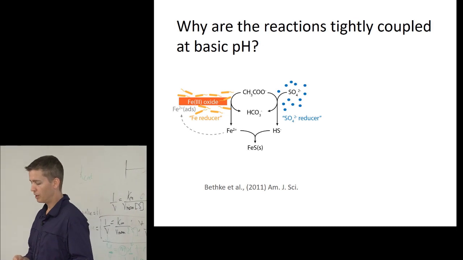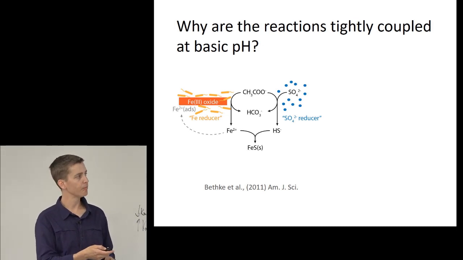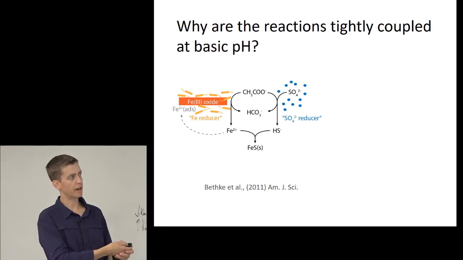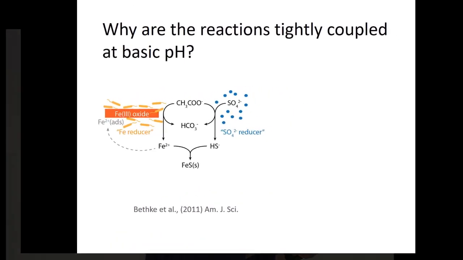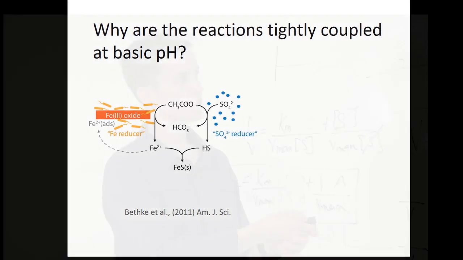And one of the reasons we think sulfate reducers are providing help, one of the ways, is by causing iron sulfide minerals to form. So sulfate reduction produces sulfide, iron reduction produces ferrous iron. Those two things can precipitate with one another, form minerals like this that we talked about before. As a result, you've got less ferrous iron in the solution.